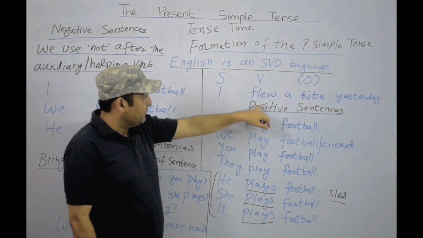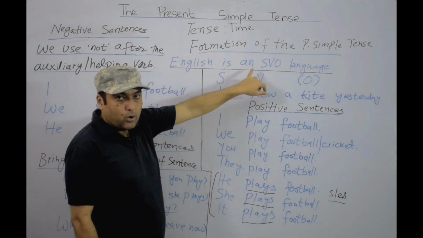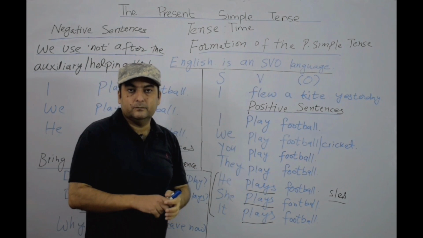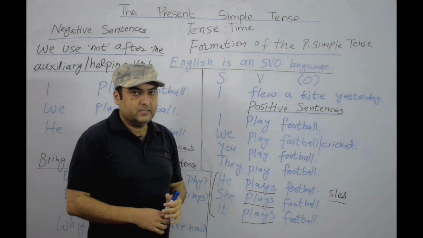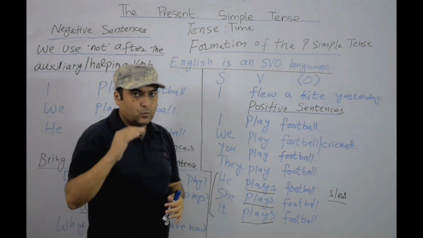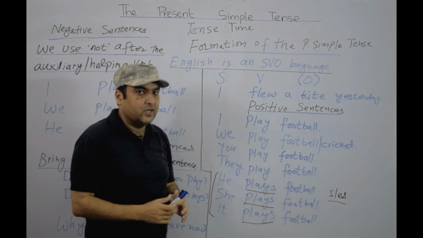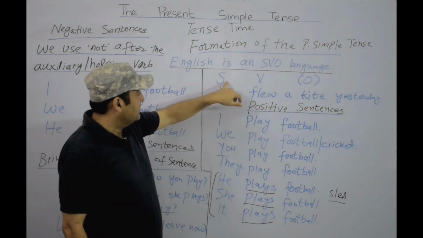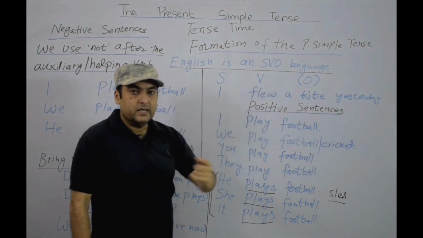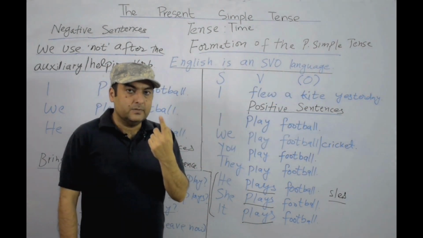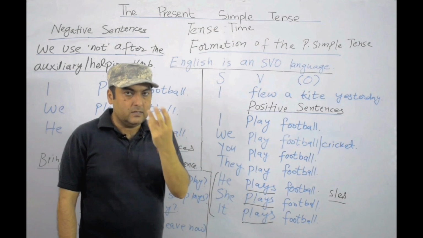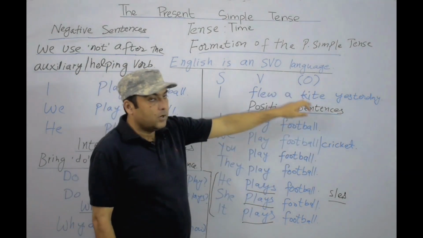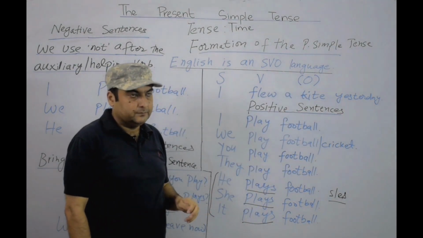And before we start that, one more point. Yes, I'm sure you know English is an SVO language. We say English is an SVO language. What does that mean? Well, it means subject, verb, object. In English, first comes the subject, then the verb, and then the object. And this object part is optional.